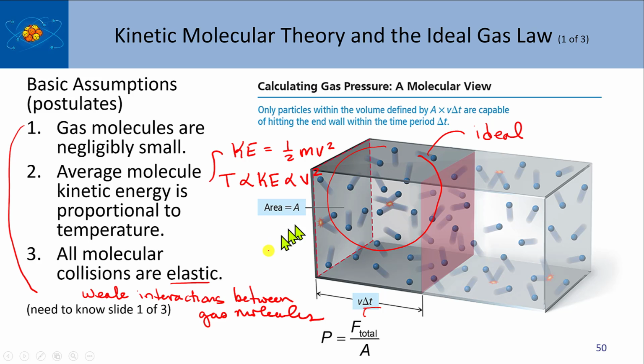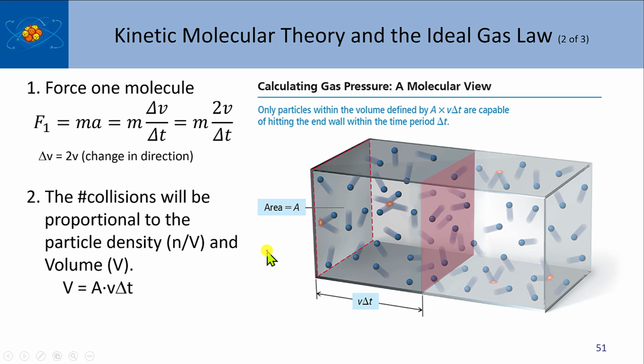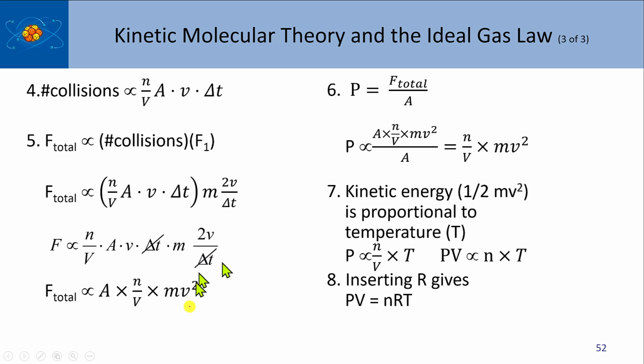All right, so I'm going to skip through the next two slides, which talk about how we get the ideal gas law from these principles of kinetic energy and the collision force and stuff like that. And it really does involve a lot of equations. And you'll notice, when you get down to here, you stick in R and this PV equals nRT, but then you have to go through all this to get it.